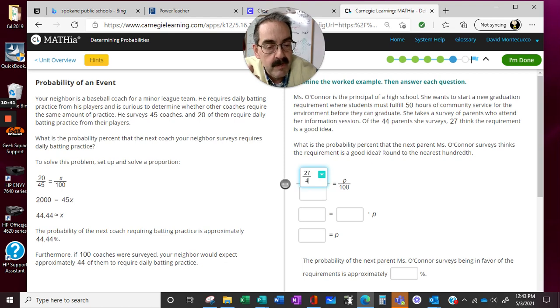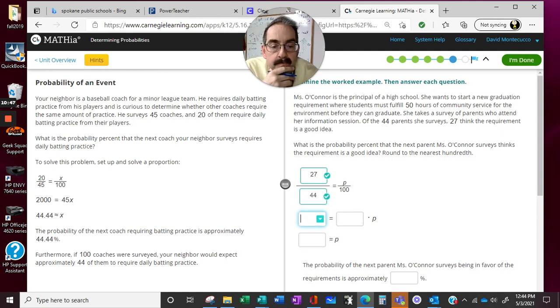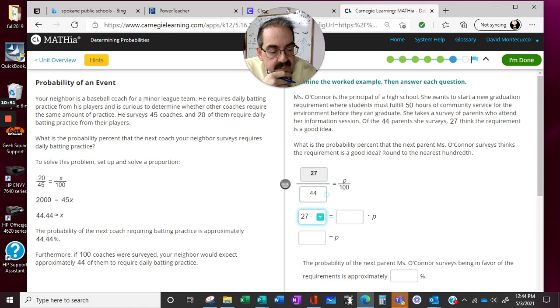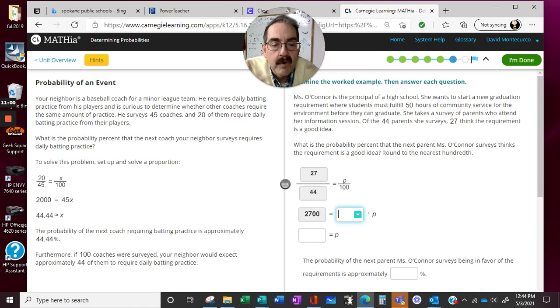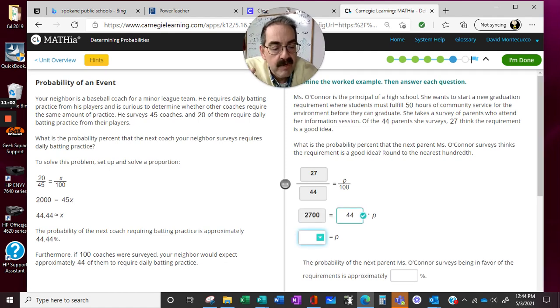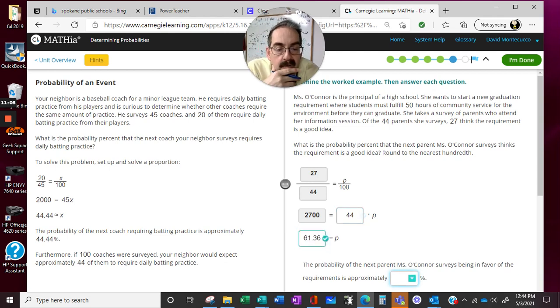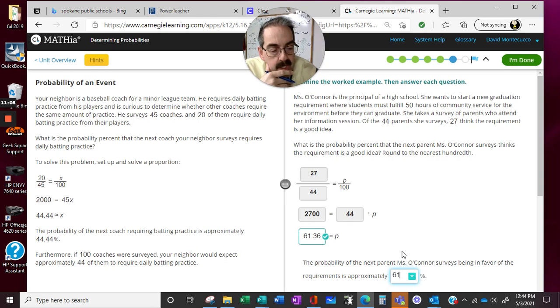So 27 of the 44, and we multiply by 100, so we get 27 times 100 equals 44p. 44p divided by 44 to get how many we're expected. 61.36% of the time.